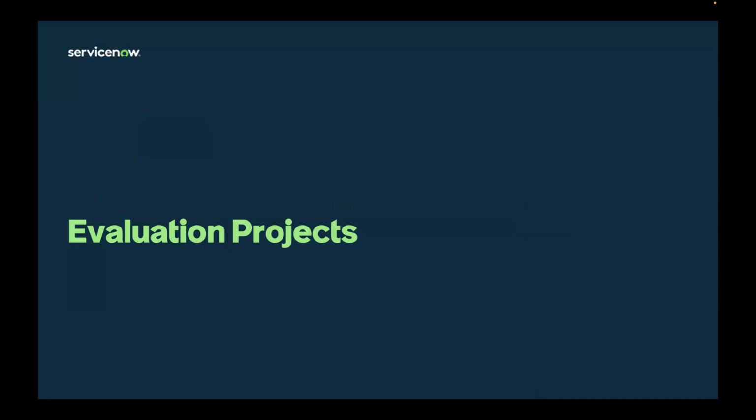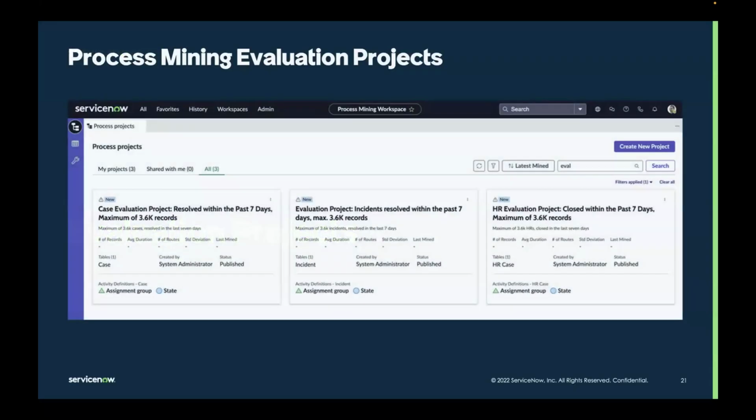One is we've just gone through task mining, which is, as you've probably now learned, an extension to our process mining solution. For those that have not had a chance to play around and feel what process mining is like before, one of the things you need to be aware of is we have activated process mining evaluation projects within your own production instances as of the Xanadu release.